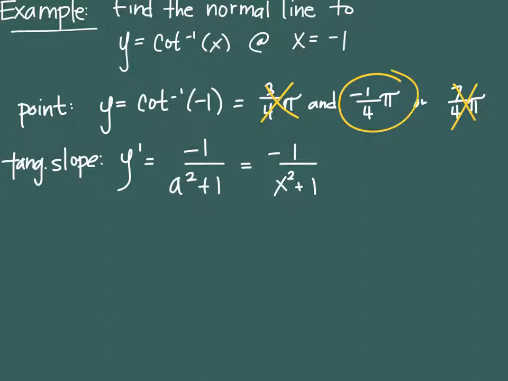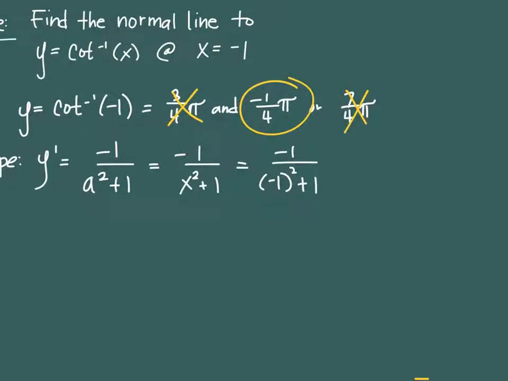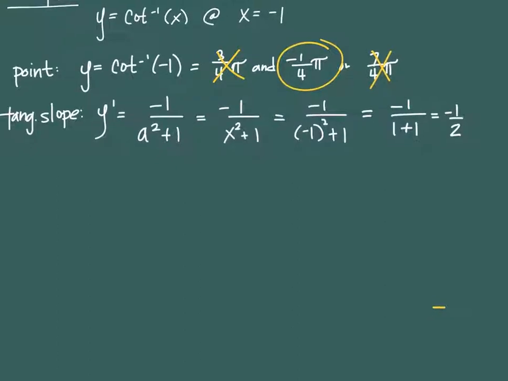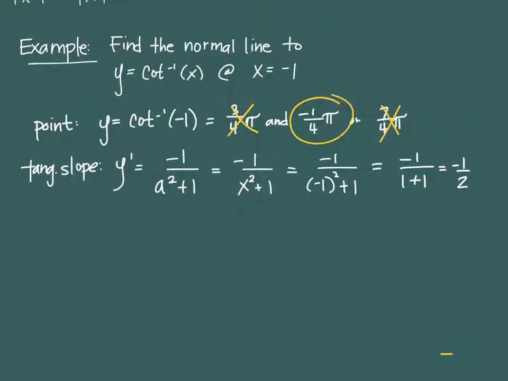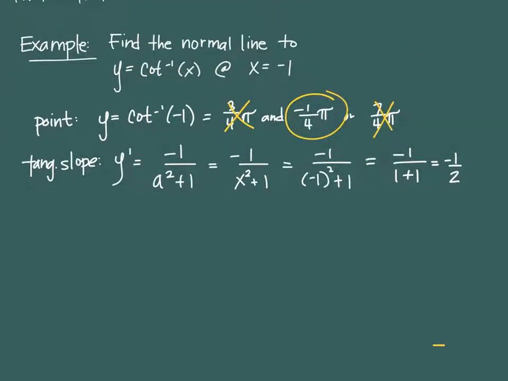So I can plug the number -1 into that. So I'll have -1 over (-1) squared plus 1. So -1 over 1 plus 1, so -1/2. And so that's the value of my tangent slope. And then to finish this up, I'll just convert it to a normal slope. And so the normal slope is going to be the value positive 2.